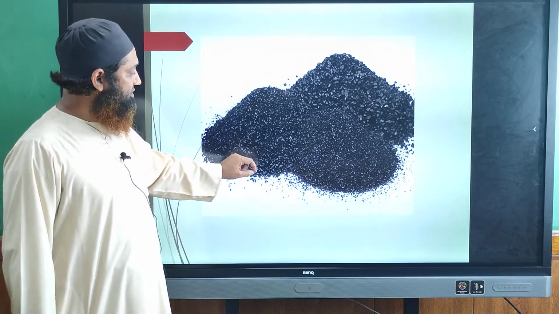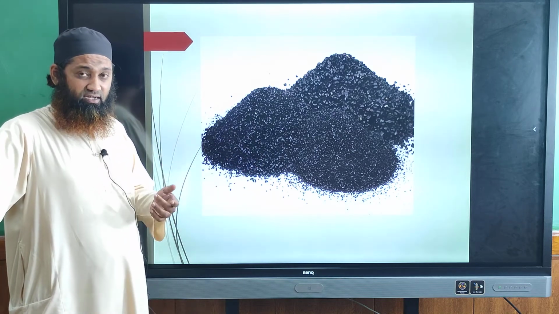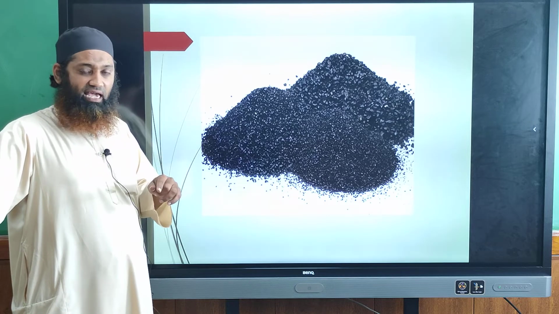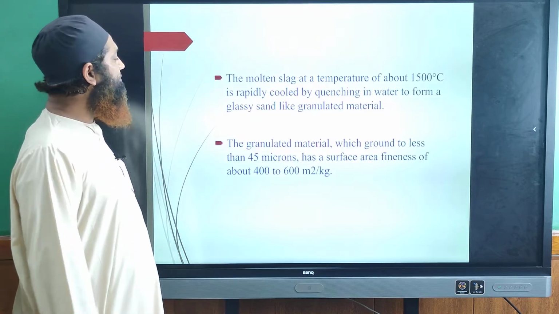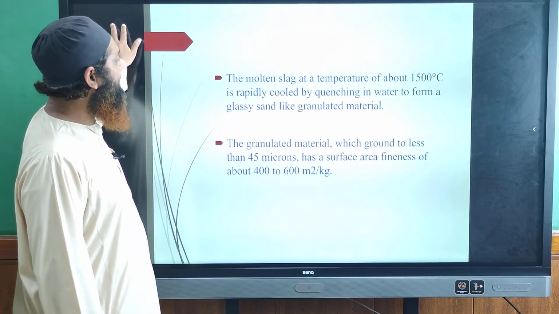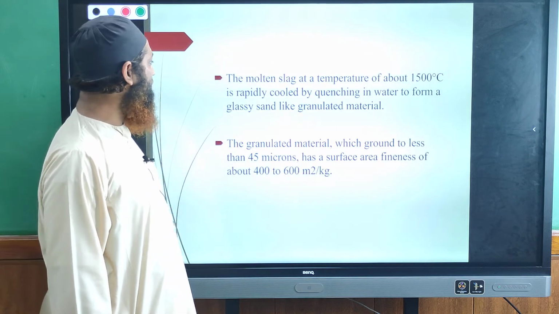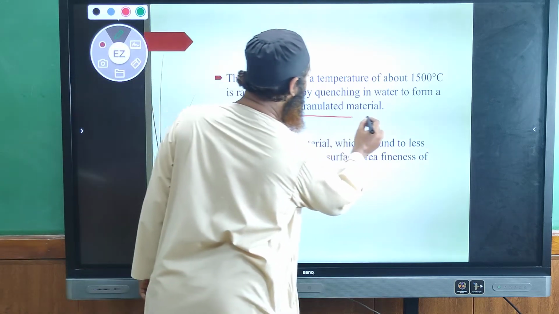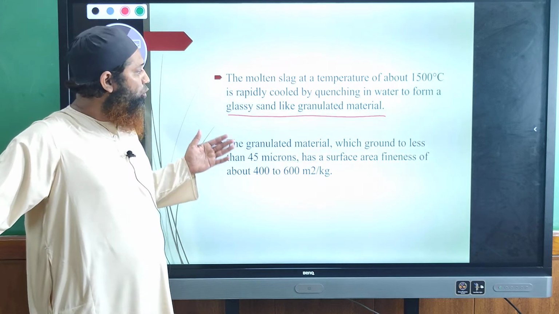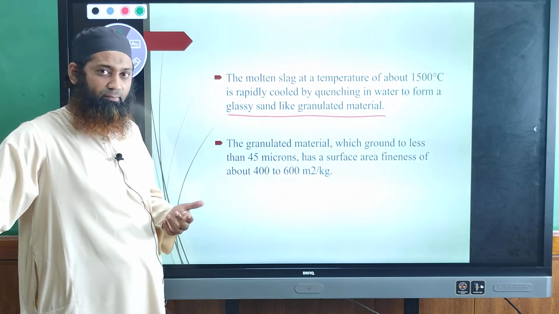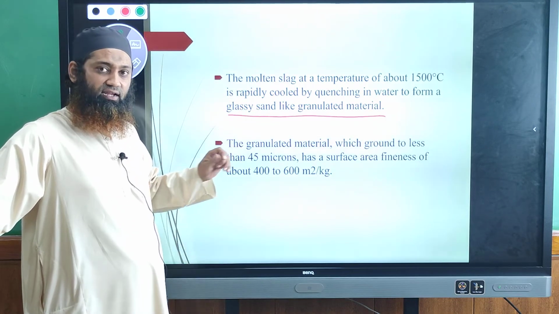The particle size is bigger than silica fume and fly ash class C and class F. Let us see: the molten slag at a temperature of about 1500 degrees Celsius is rapidly cooled by quenching in water to form a glassy, sand-like granulated material. So basically this is got in a molten form, cooled rapidly by quenching in water. After that, when it cools down, we get this glassy, sand-like material in a granulated form.